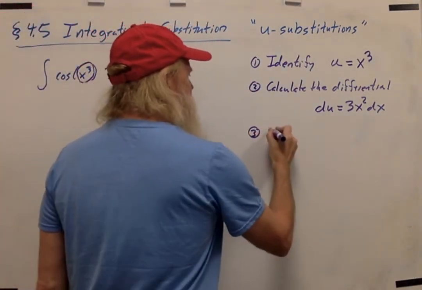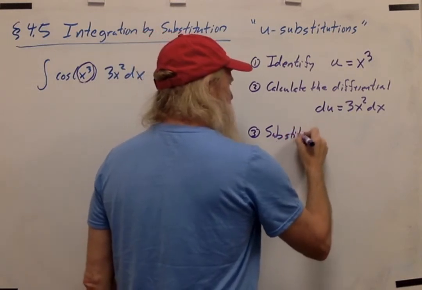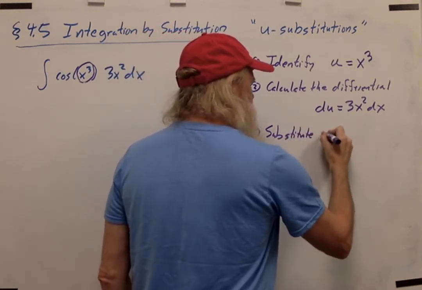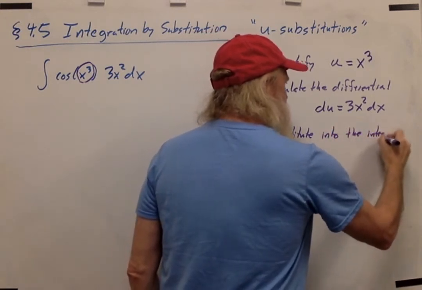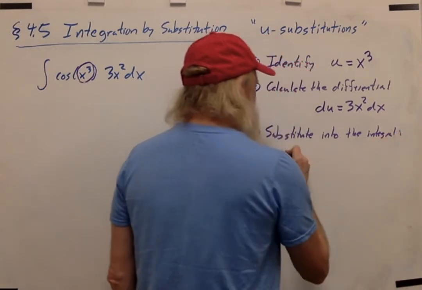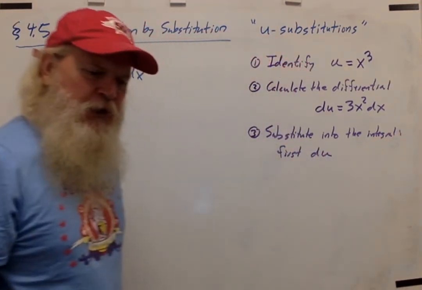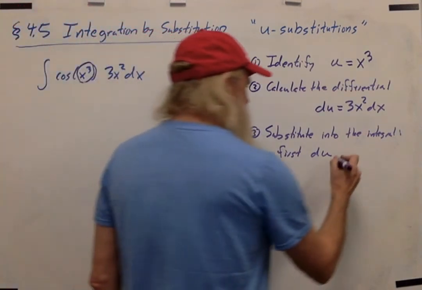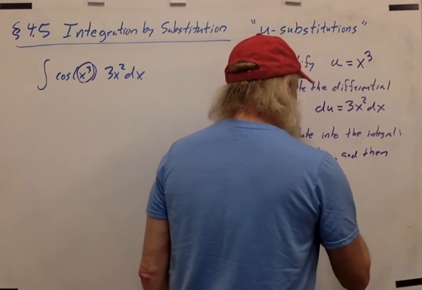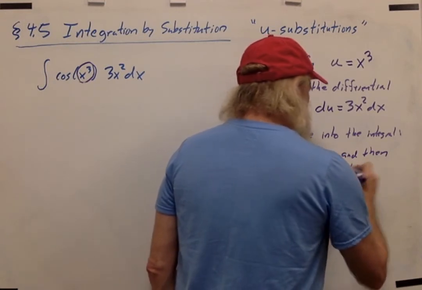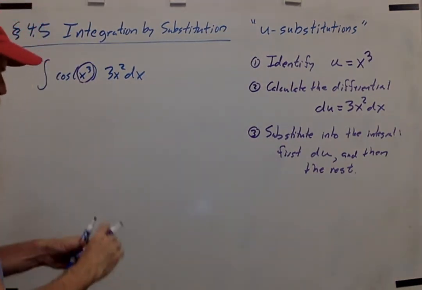The third step is to substitute into the integral. First, I want you to substitute the differential in, and then the rest. We're going to see some problems a little bit later where it makes a difference what order you use.